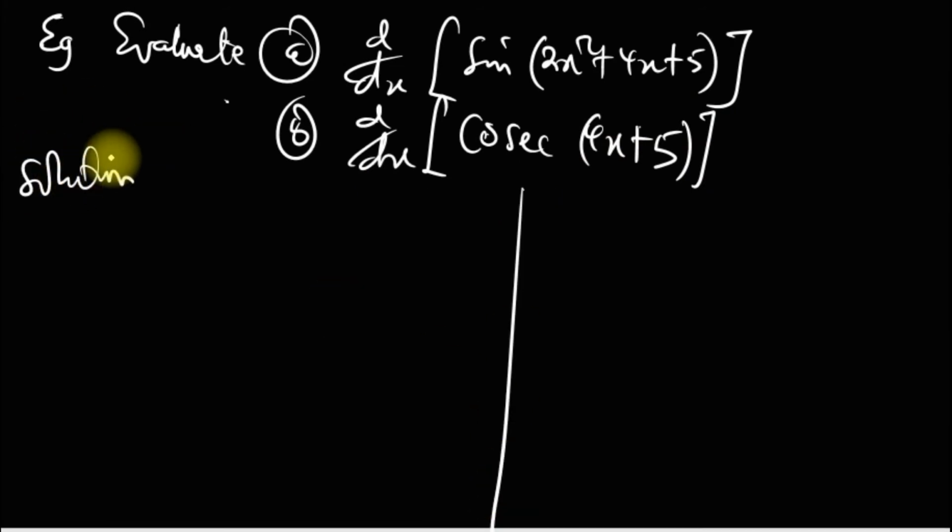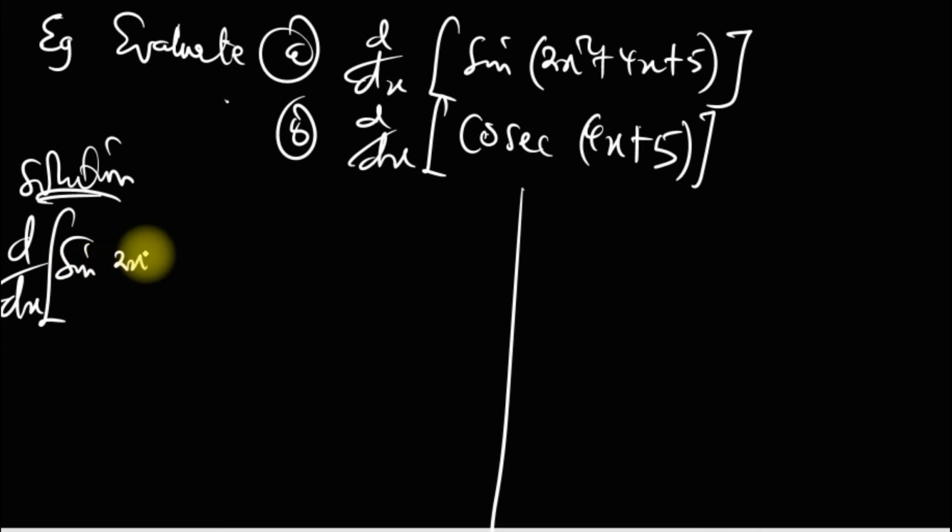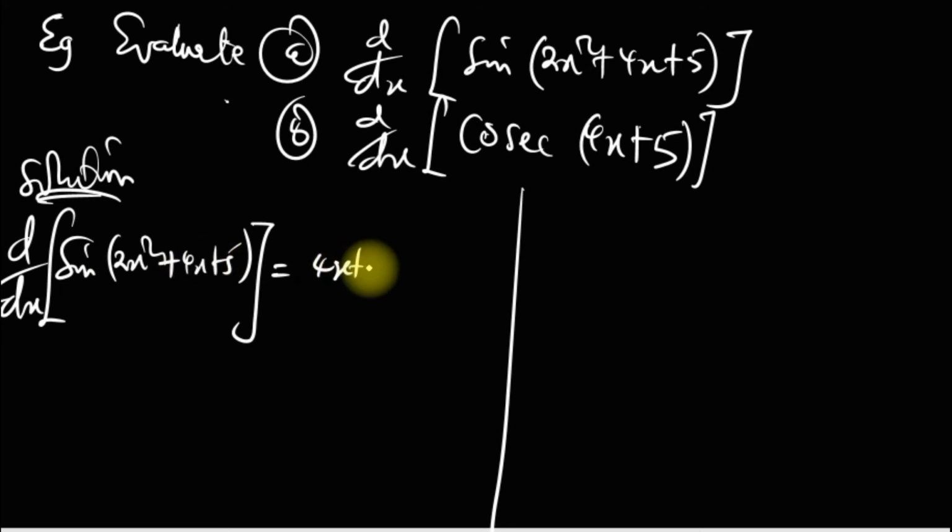So the first thing, remember I told you this is sine u. This is sine u, and I'm saying that d over dx of sine of 2x squared plus 4x plus 5. Remember, in our formula we have u prime. u prime means the derivative of anything inside here. So we need to differentiate this. So we differentiate, which is 4x plus 4.